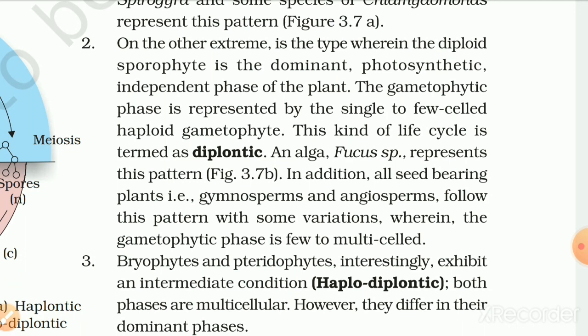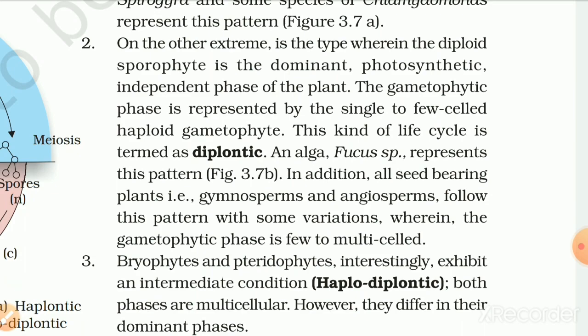Figure 3.7b. In addition, all seed-bearing plants, that is gymnosperms and angiosperms, follow this pattern with some variation, wherein the gametophytic phase is few to multicelled. Third, bryophytes and pteridophytes interestingly exhibit an intermediate condition, haplodiplontic.